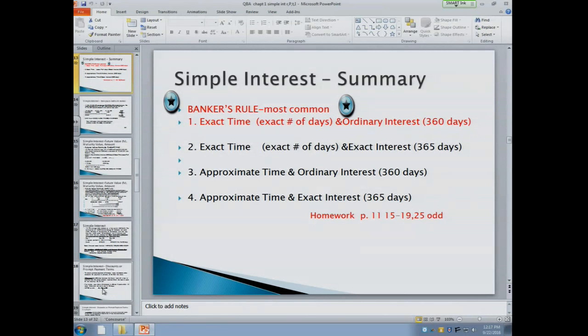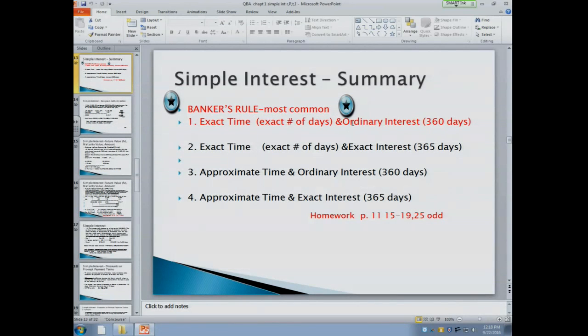When we are discussing days from July 1st to December 8th, I give you days. I will also specify in the problem probably Banker's rule. Banker's rule means in the numerator for time, it's the exact number of days, so you need to go to your day chart on the back of your formula sheet.